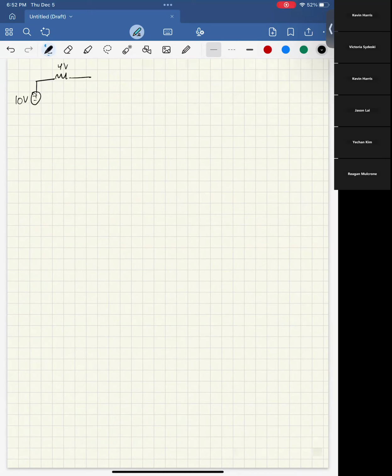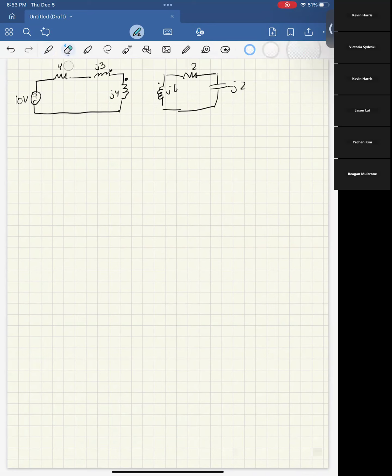So here we have, okay, and then in this question you have actually two sets of mutual inductances.